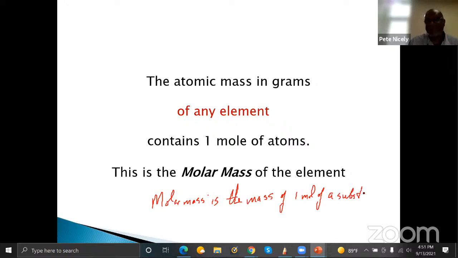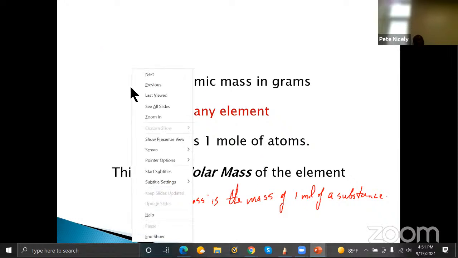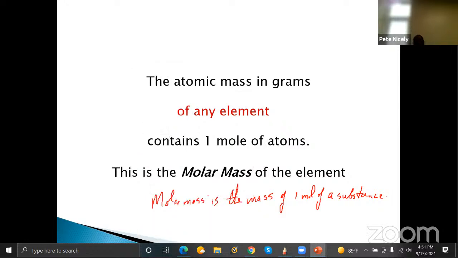And that substance could be an element, it could be a compound, doesn't matter, all right? That's basically what the molar mass is by definition. Okay, so that's the definition of the molar mass. It is a mass of 1 mole of a substance, and usually that mass is expressed in grams, right?